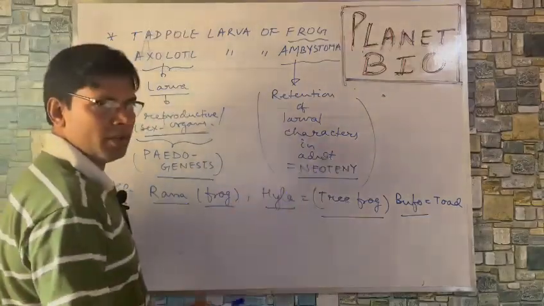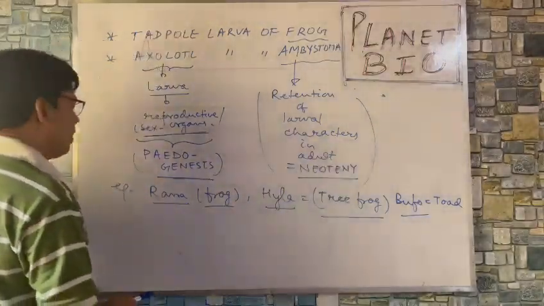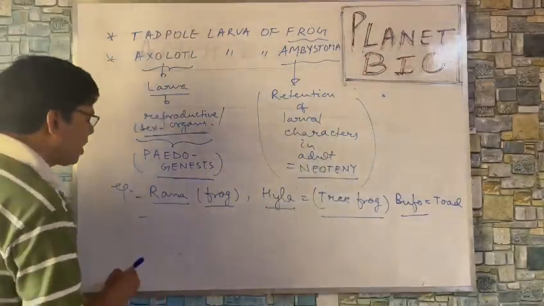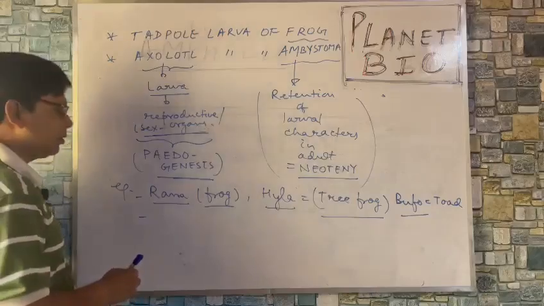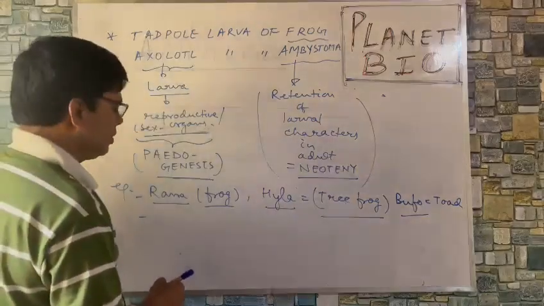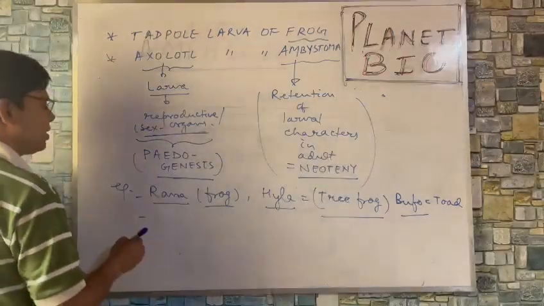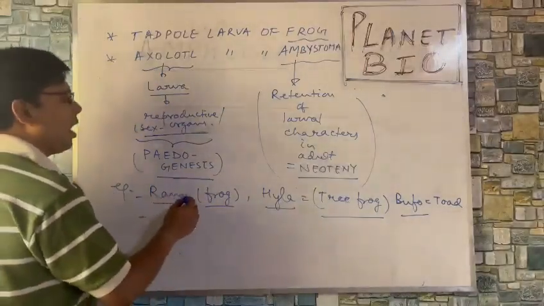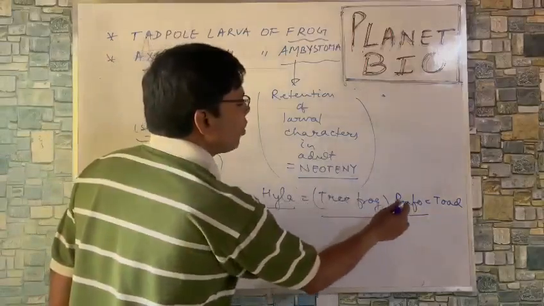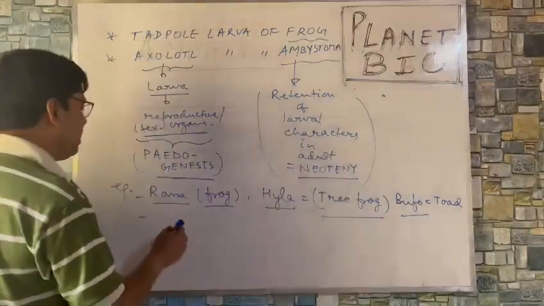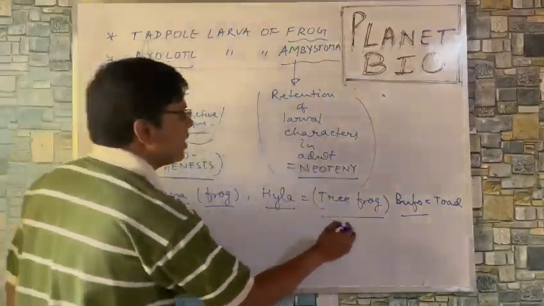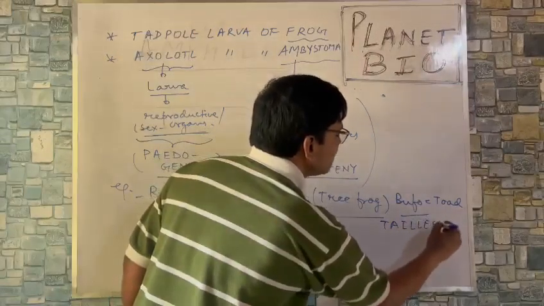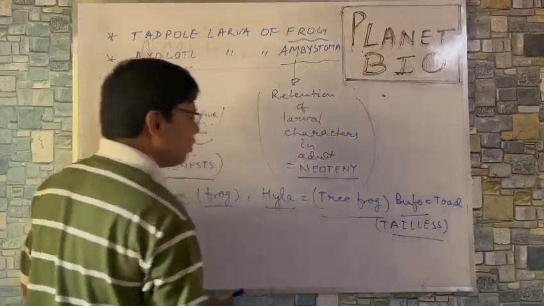Their adults don't have limbs. In larval forms you can see, but there are certain limbed amphibians. Rana, frog, Hyla, tree frog, Bufo, toad, they are tailless amphibians. They don't have tails in adult forms.